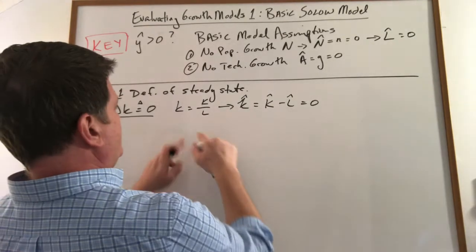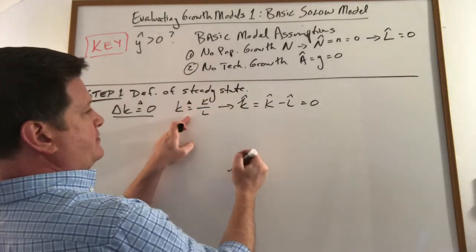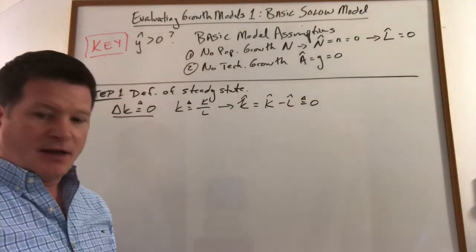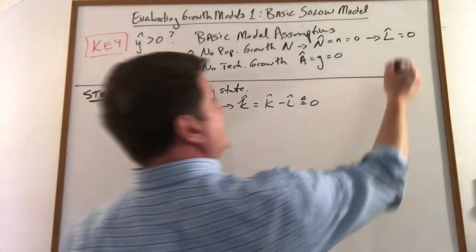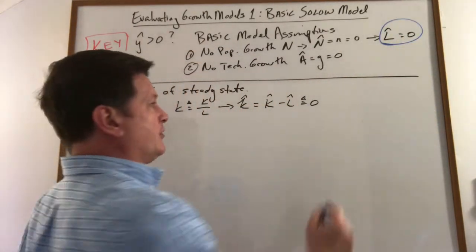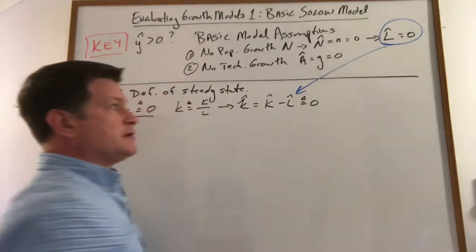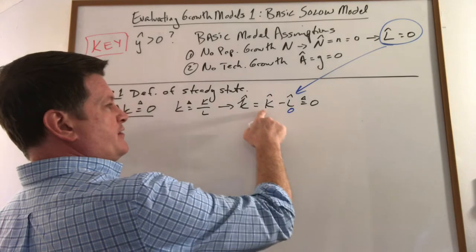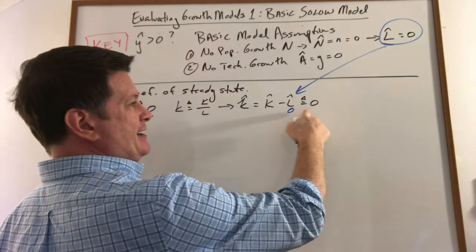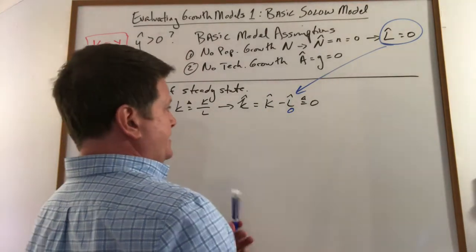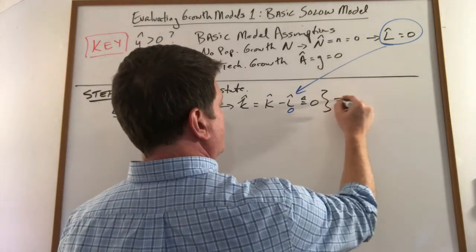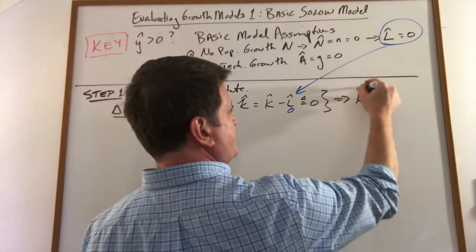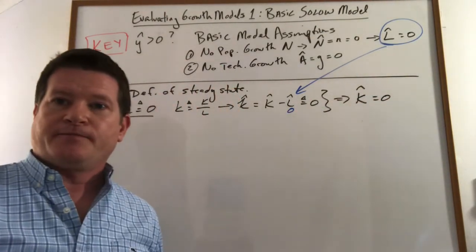So this is the definition of little capital. So when we convert it to growth rates, they must be 0. Now look, we assume 0 population growth, so that L hat has to be 0. This is growing at 0. So if K hat minus L hat is 0, that means K hat and L hat must equal each other, which means K hat is 0.